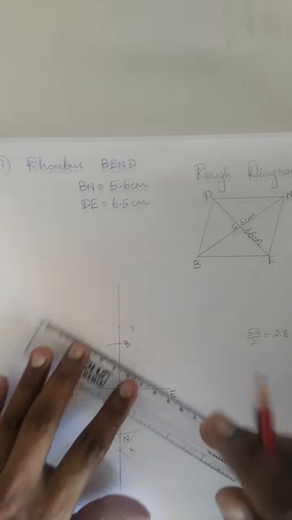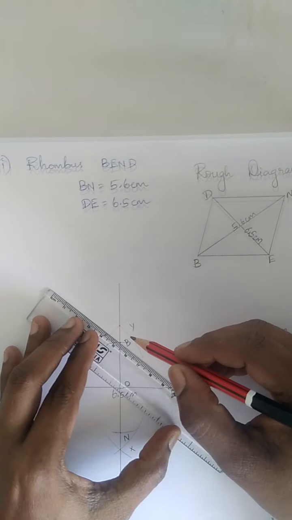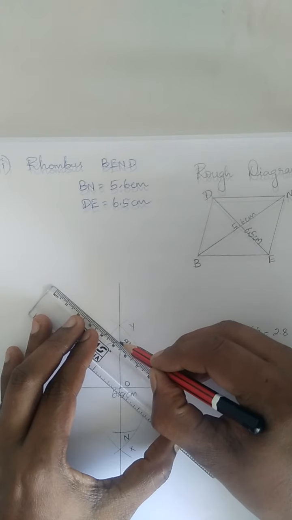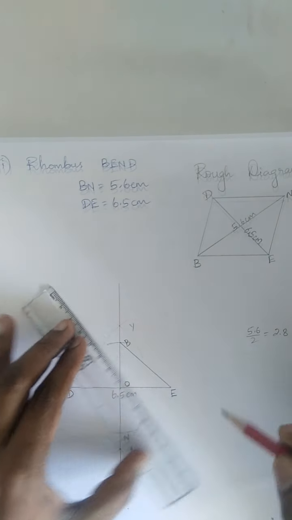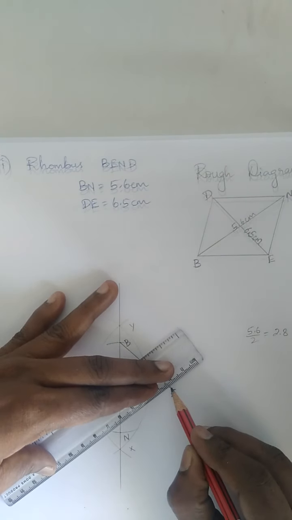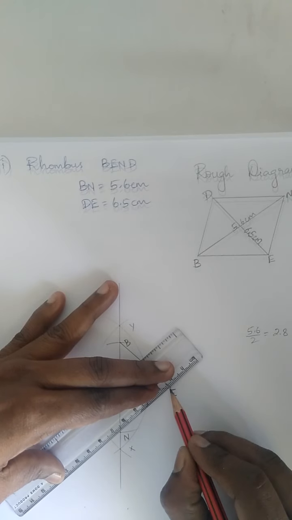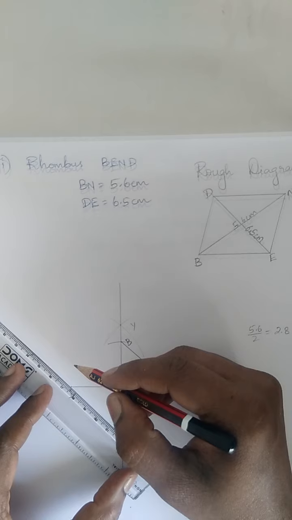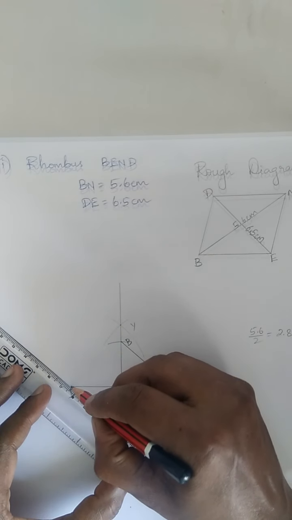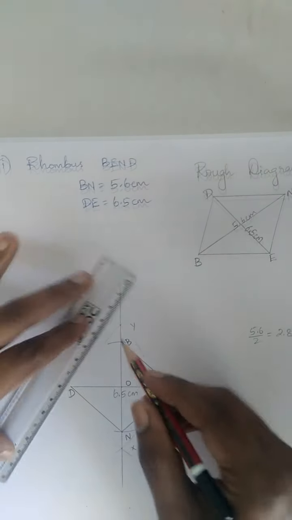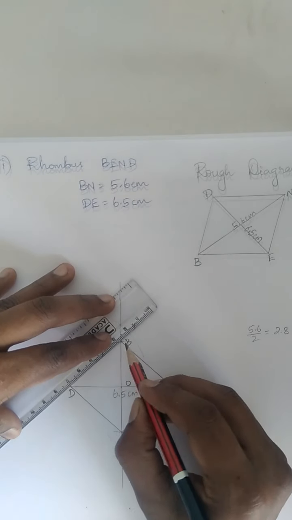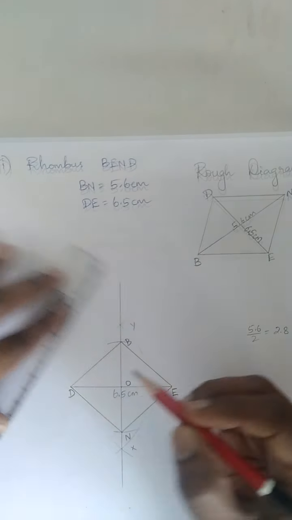So now let's join BE, then join BN, then DN, then BD. That's all.